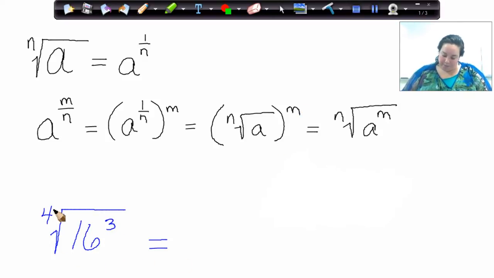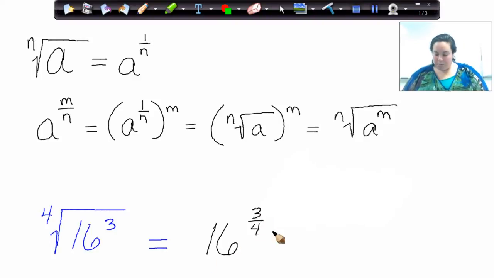We have the 4th root of 16 cubed. Maybe you don't know what 16 cubed is off the top of your head. Maybe you don't know what the 4th root of 16 cubed is. That's okay. We can rewrite this as 16 to the 3 over 4.